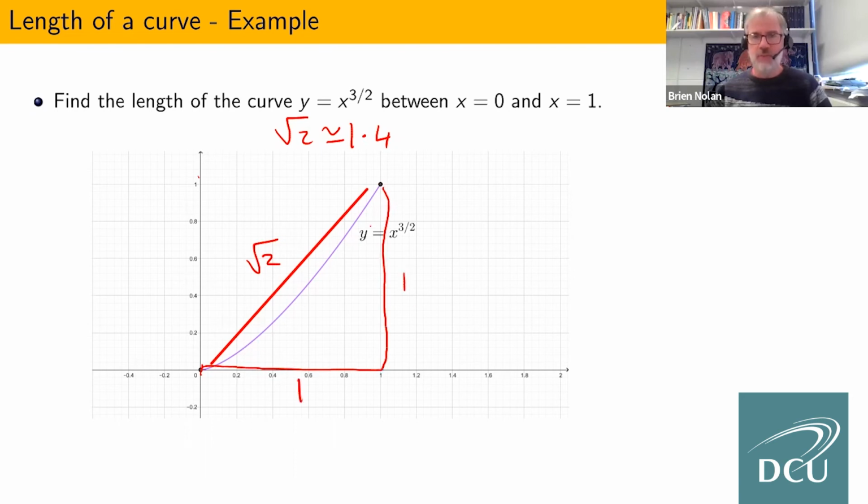So the length L should be between 1.4 and 2. That's just a sense check that we can apply to our answer.